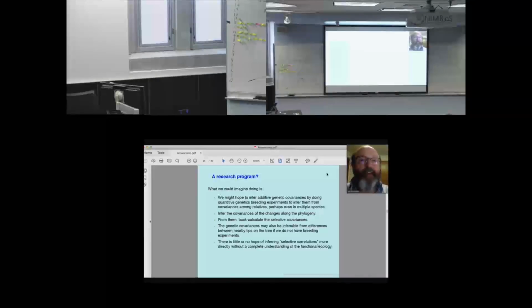It's true that if size has a lot of genetic variation, more than shape, then selection on shape can end up with a large response in size. That certainly is true.